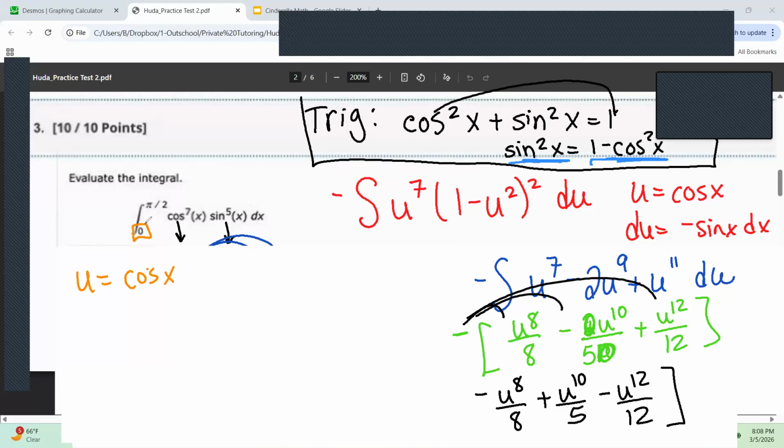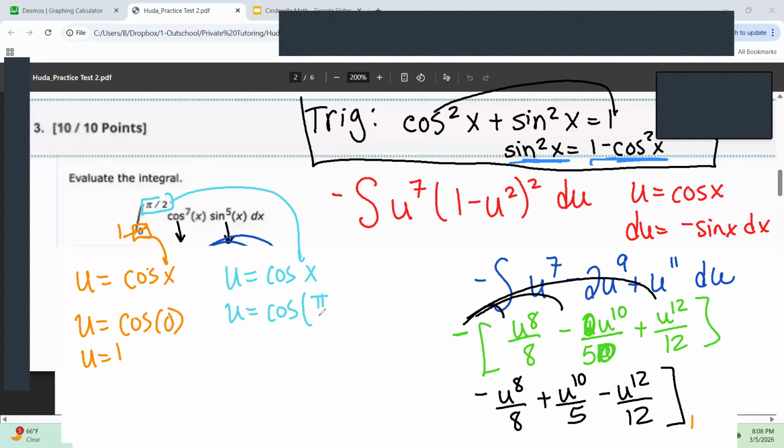So this right here is an x number. Plug that in. So u is cos of 0. Cosine of 0 is 1. So u is 1. So our bottom bound is now 1. And now let's do our top bound. So again, this is an x, but we said u is cos x. So plug that in. So u is cos of pi over 2. Cos of pi over 2 is 0, so our top bound is 0.